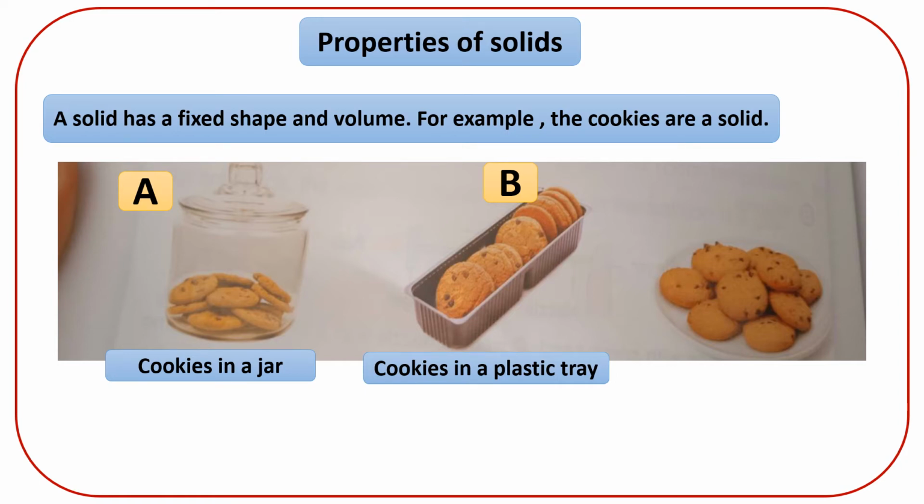But as you can look at them in A and B, the shape of the cookies is the same, and even the volume of the cookies is the same. Do you understand? Let's see in C. In C we have cookies on a plate. Have they changed? Yes or no?